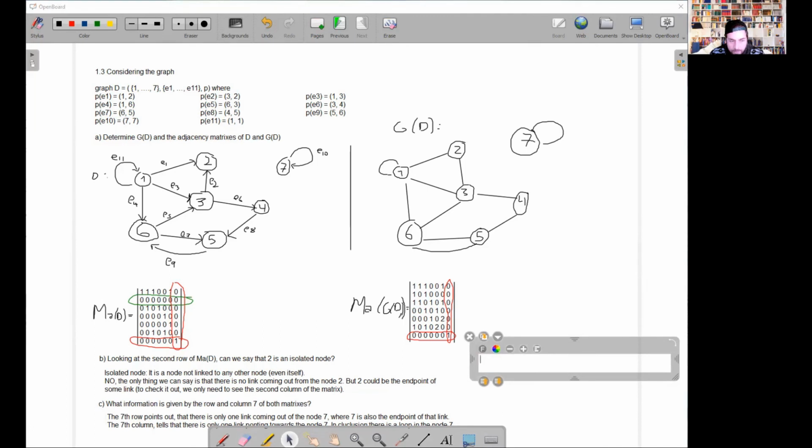So okay, the last question is what can we say about the summation of all the elements in the adjacency matrix of the directed version of this graph?